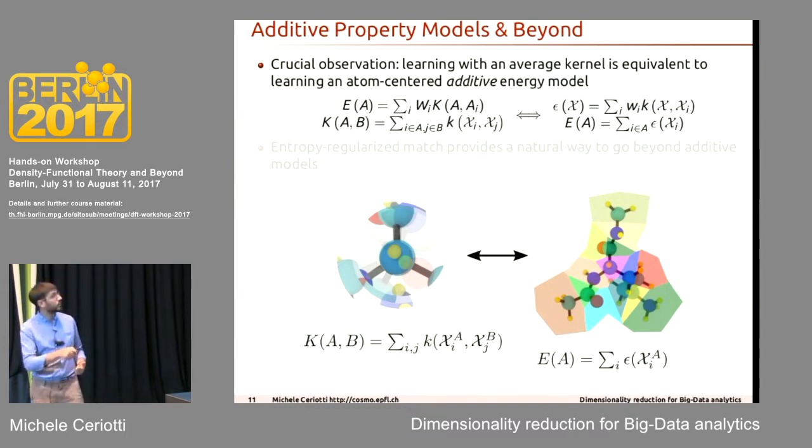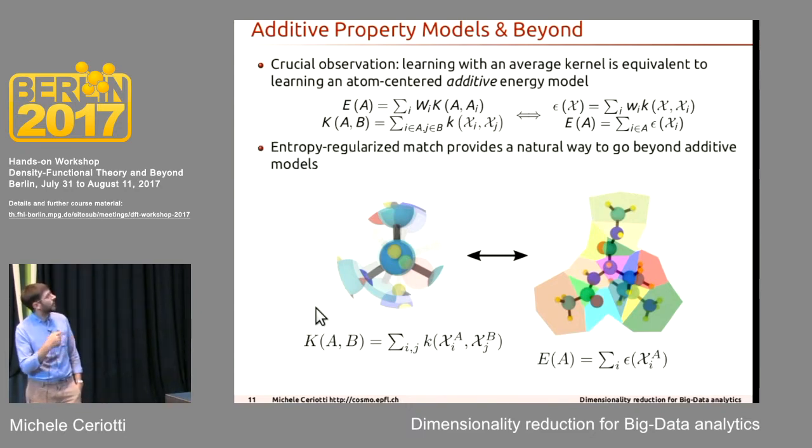So something like this will fail catastrophically if you try to learn a band gap, but it will work extremely well if you try to learn the total energy, because the total energy can be decomposed in subsystems. Something like the band gap instead requires knowledge of the entire Hamiltonian.